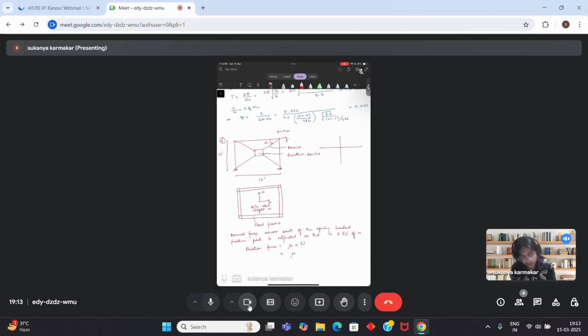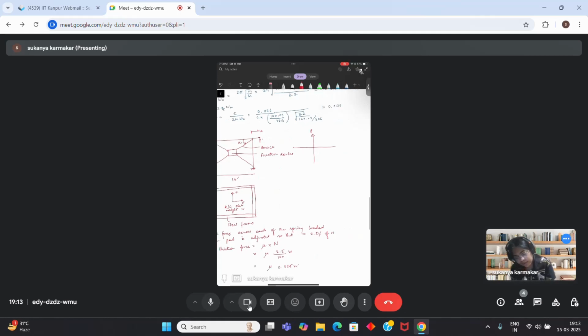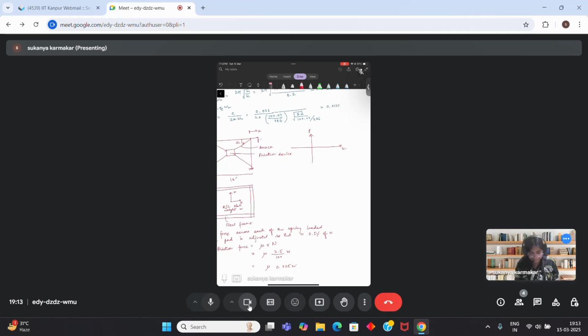The normal force is 2.5% of the weight, so 2.5 by 100 into W. So mu into 0.025 into W. If I plot this force P versus U, how will that friction force look like?